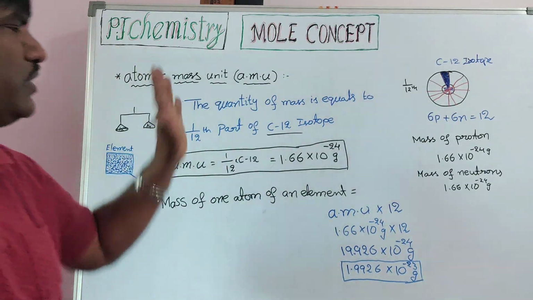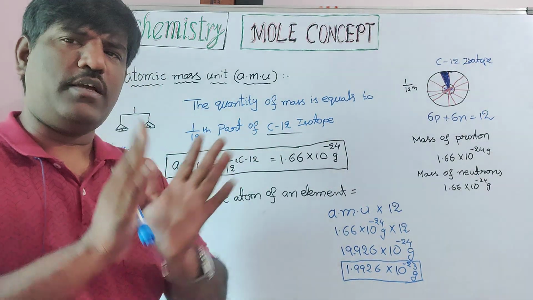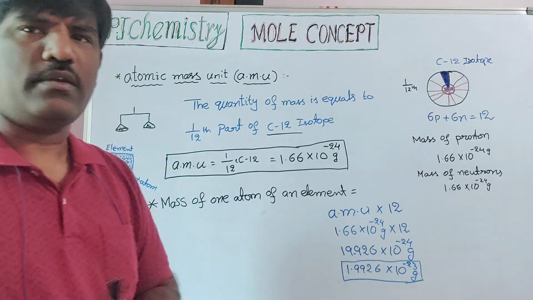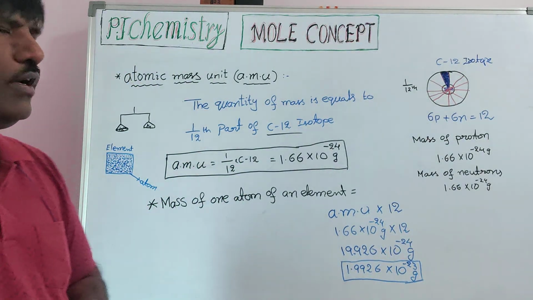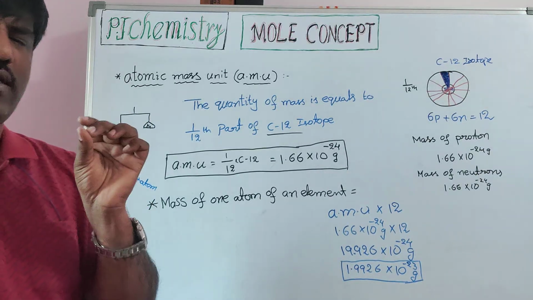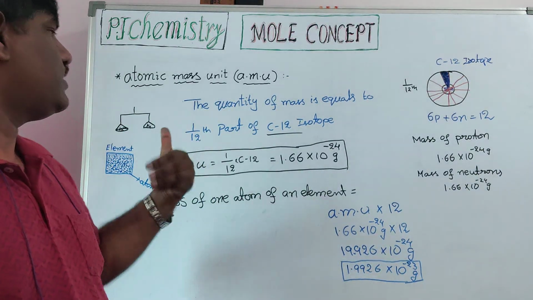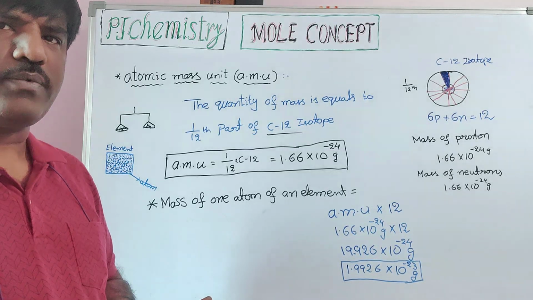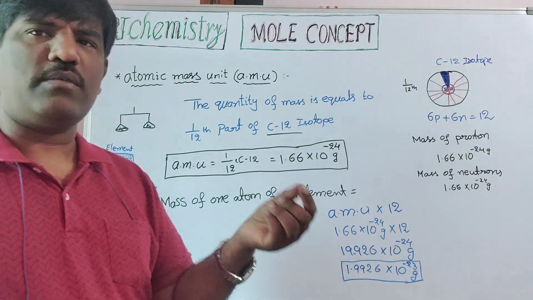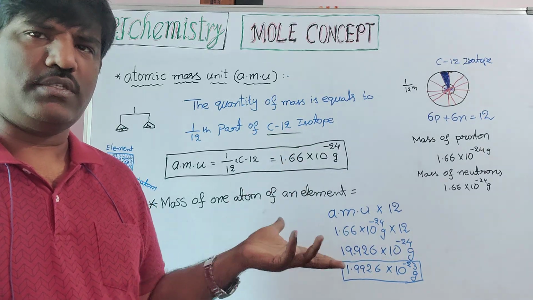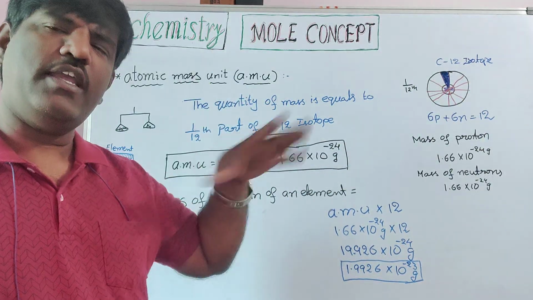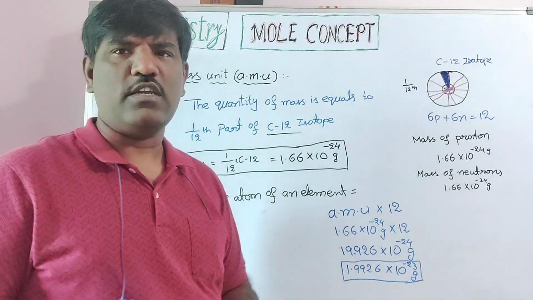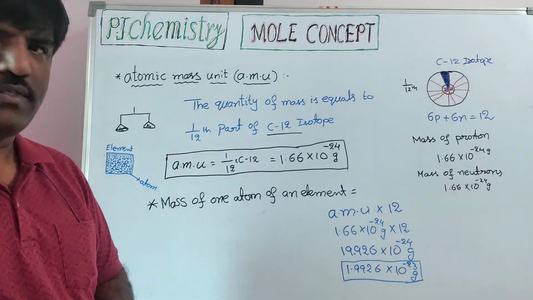Atomic mass unit is nothing but any atom divided as per the number of protons and neutrons into parts. One small unit is 1 by 12th part of the carbon 12 isotope, because that small unit is nothing but protons and neutrons. For any atom it is fixed at 1.66 into 10 to the power of minus 24 grams.